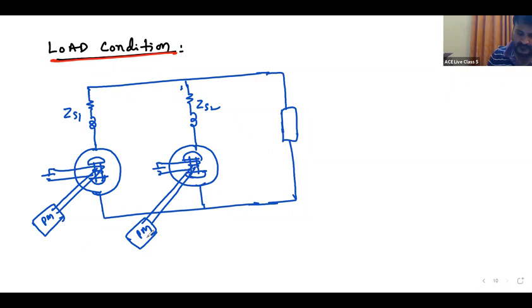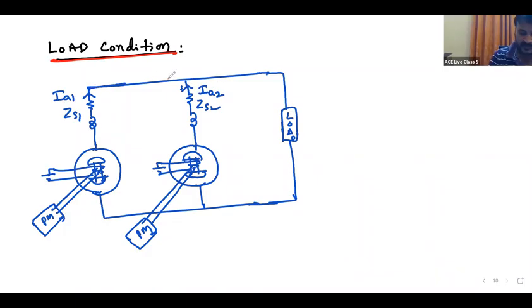But when load is there, both are supplying. The first machine is delivering the current IA1 to the load, and the second machine is delivering the current IA2, which is also going to the load.